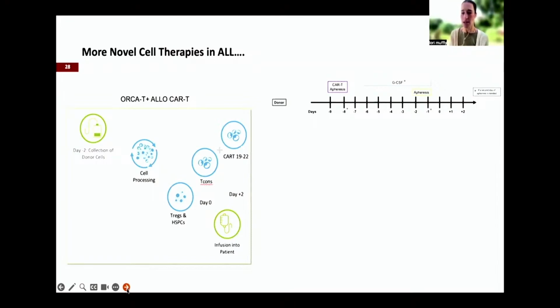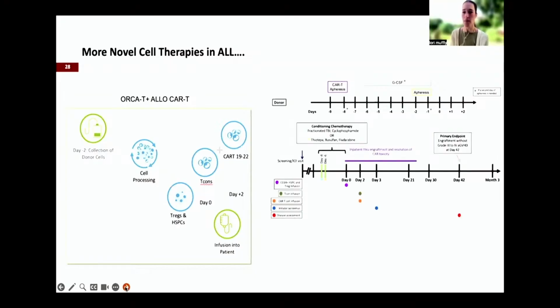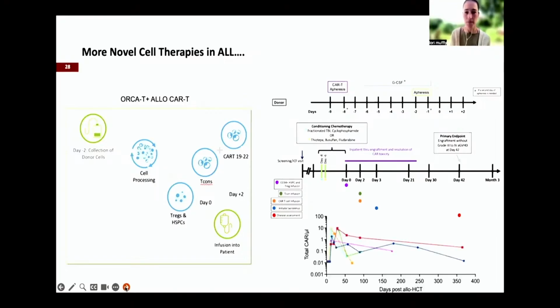Then they go GCSF mobilization for transplant collection. The patient, on the other hand, undergoes conditioning. On day 0, they receive the CD34 HSPCs and the regulatory T cells per the ORCA-T graft. And then on day 2, they received conventional T cells as well as CAR T cells from the donor.